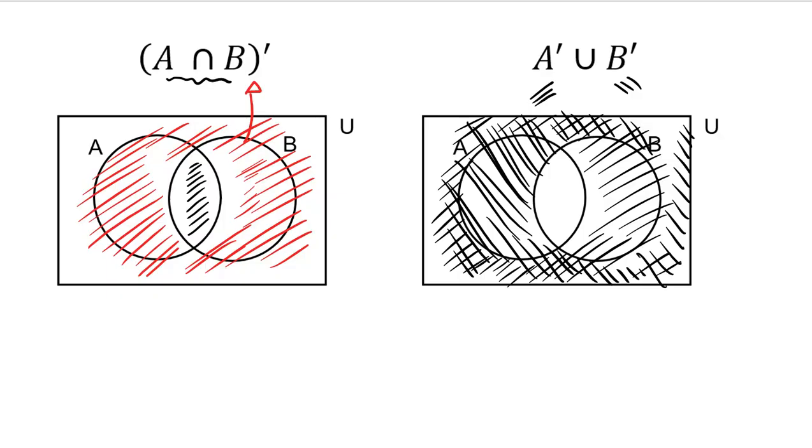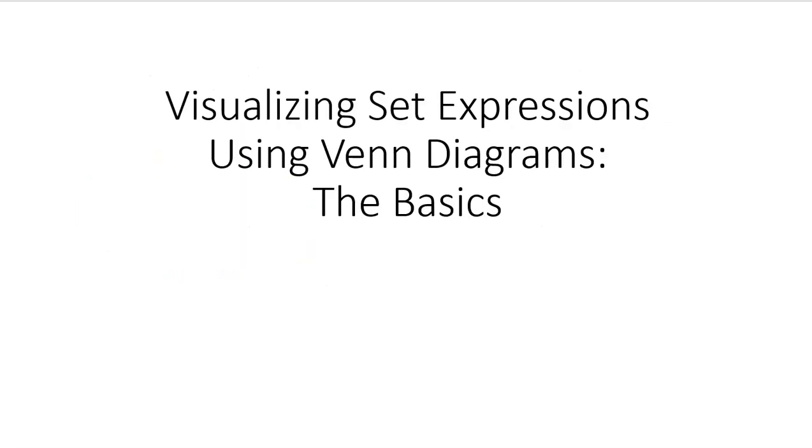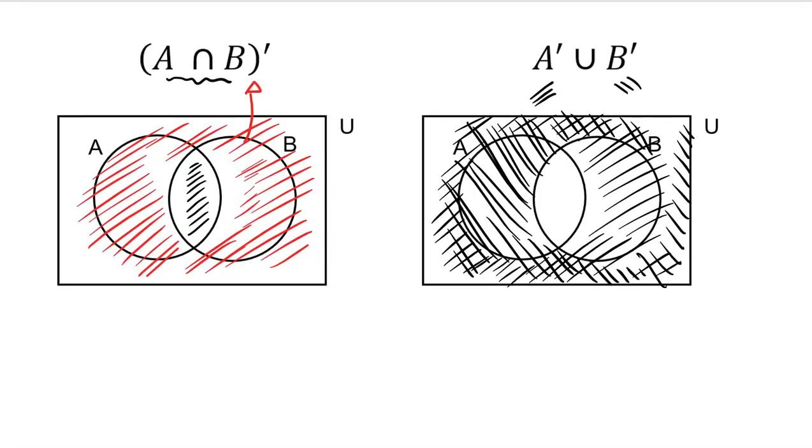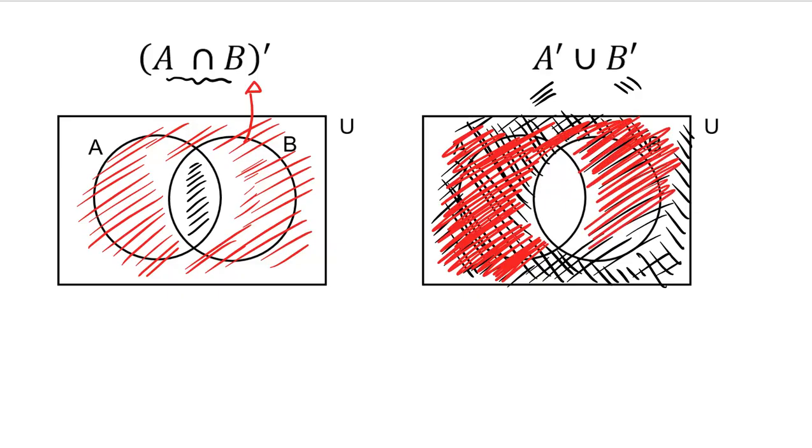So the final region, which I'll represent in red, would be everything that's shaded, everything that's in either A complement or B complement. So it would be that red region right there.